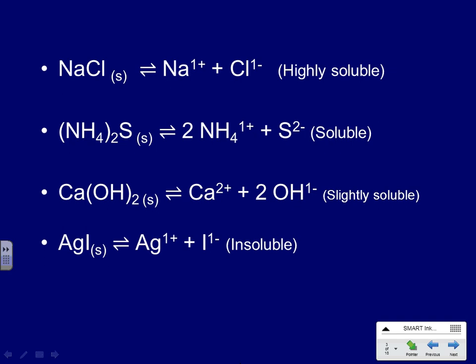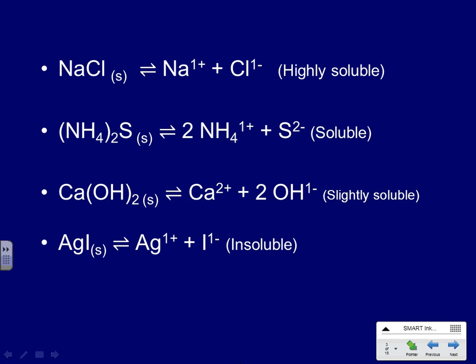Highly soluble. In terms of our equilibrium, highly soluble means we have lots of ions in solution. And in terms of equilibrium constants, it means it sits to the right. So if something is highly soluble, it will have a very large K, which means a lot of ions are able to exist in solution. Slightly soluble will have those Ks that are kind of in the middle.